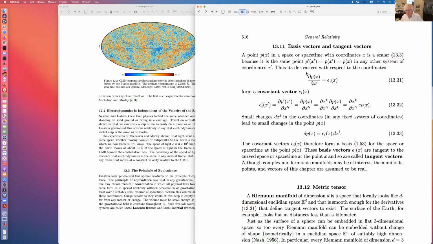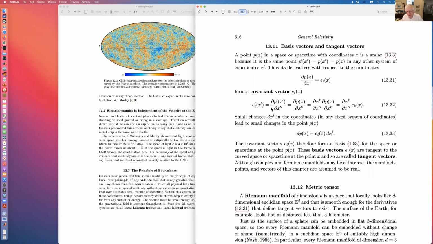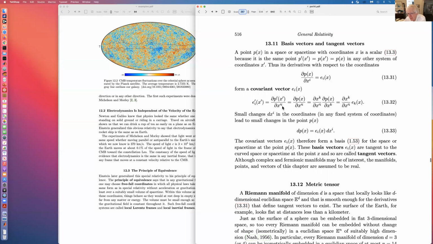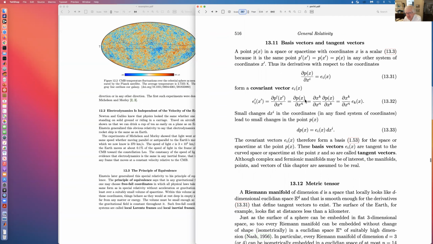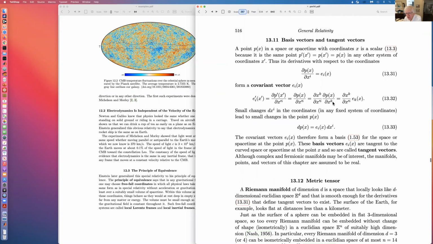And we can see explicitly that because E prime sub i of x prime, by definition, is the partial of P prime of x prime with respect to x prime i. But P prime of x prime is just P of x. And then the chain rule gives us this expression, and then this gives us back E k. So what we see is that these things are covariant vectors.